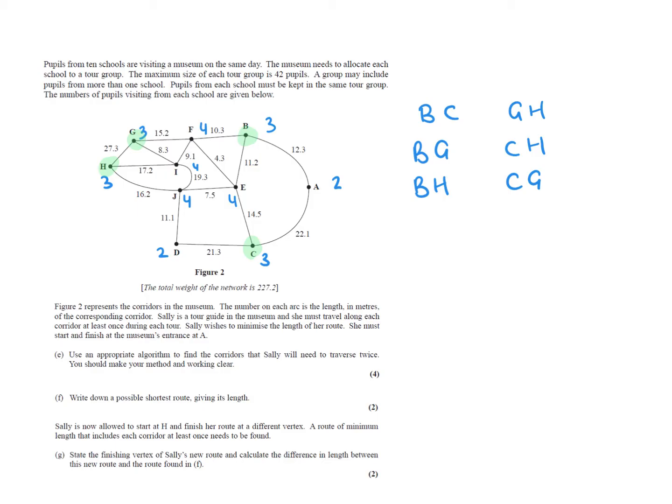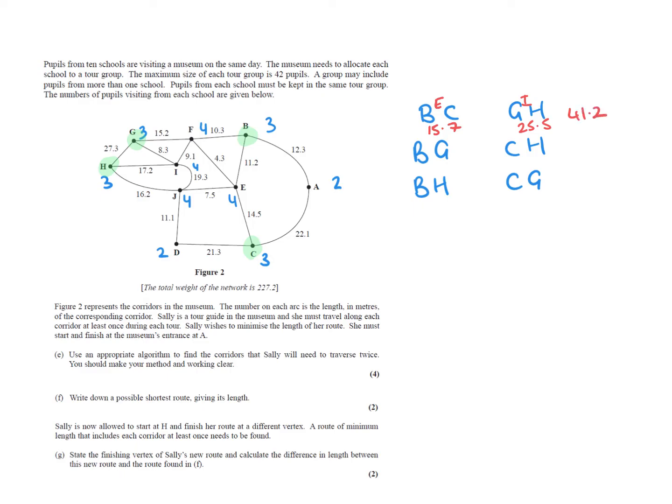What do we think? So BEC is 15.7. And then G to H, GIH, that's going to be 25.5. And that's going to give us 41.2.